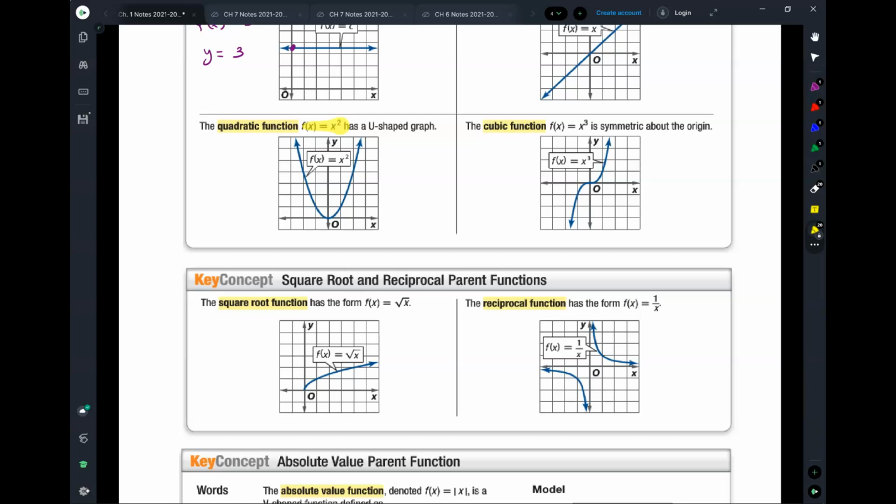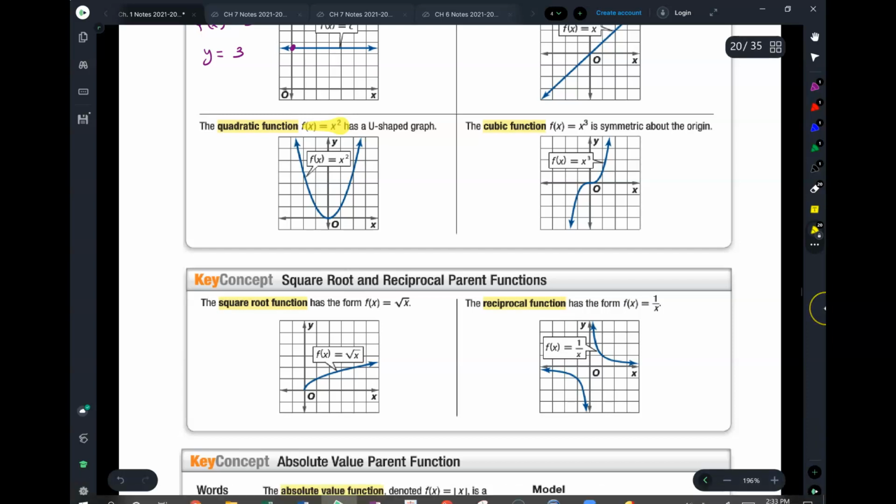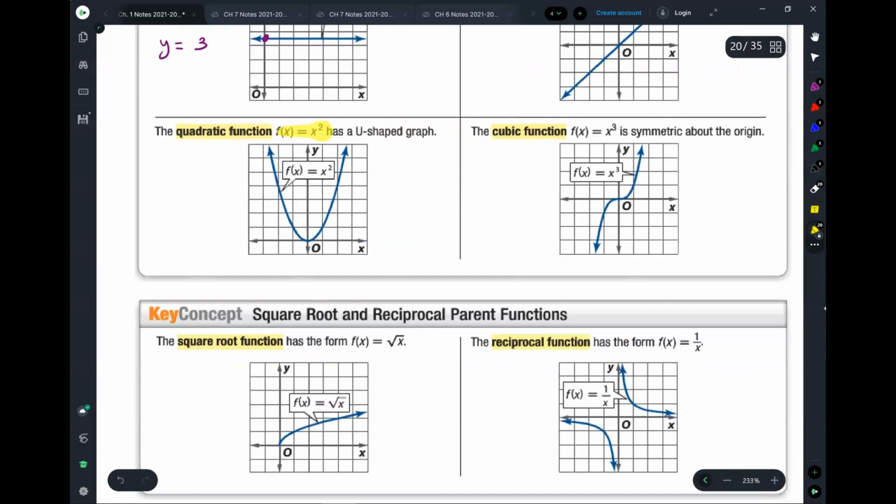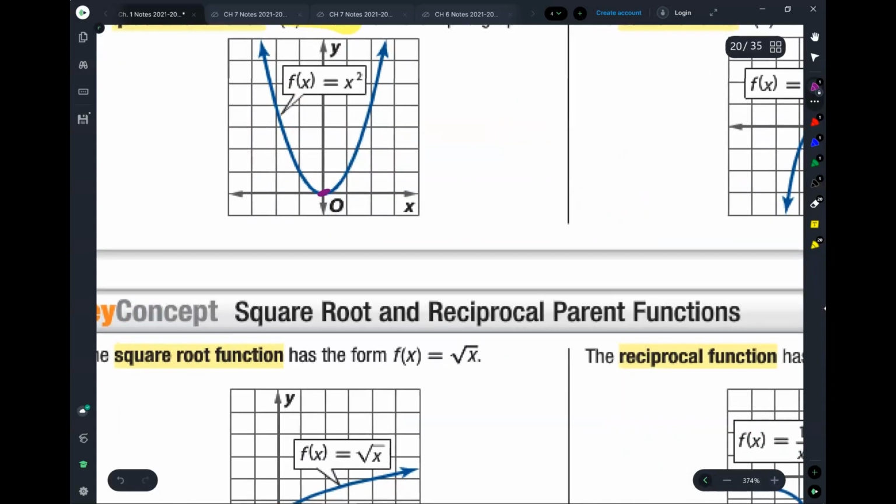Now, let's talk a little bit about how the graphs of these things behave. So let's talk about y equals x squared, the parabola. When you just have y equals x squared, the vertex is right here at 0, 0. Now, the way in which you create a parabola, and this is how you're going to graph this, is this.